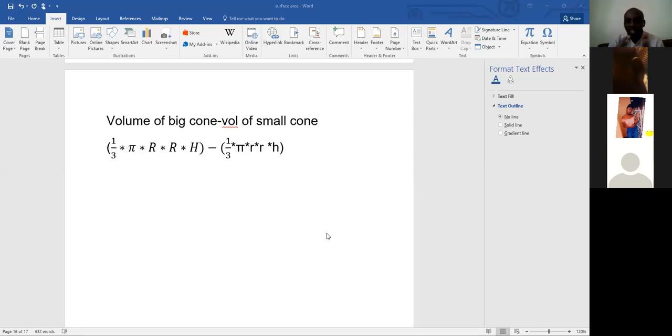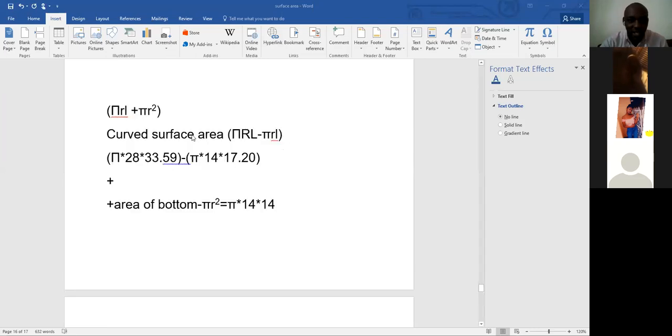So for the surface area of the cone, remember you use pi RL to find the curved surface area. And because the cone is made of a circular bottom, then you use pi r squared. Don't forget this. The formula of the surface area of a cone is pi RL plus pi r squared.